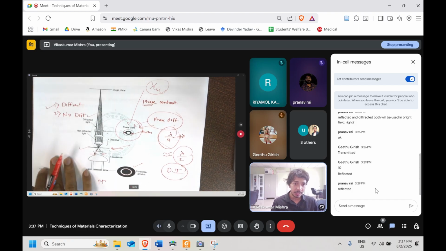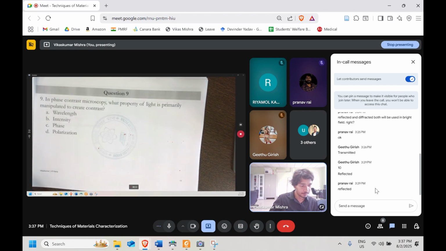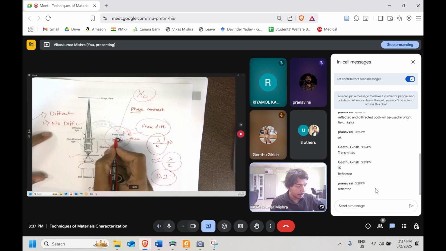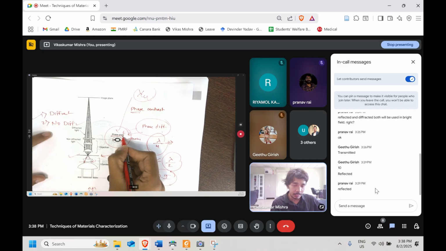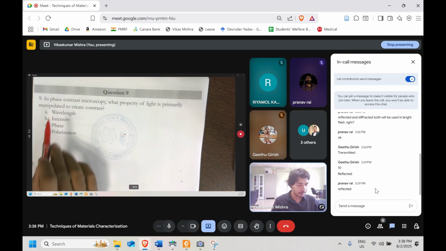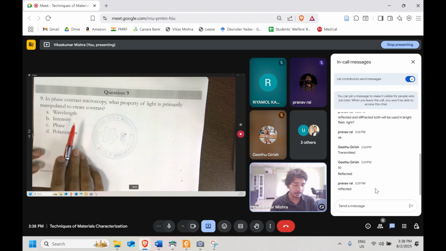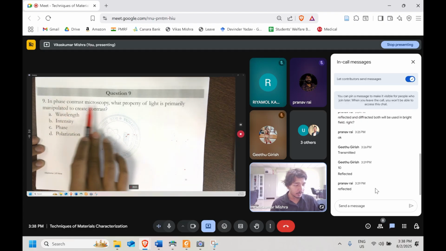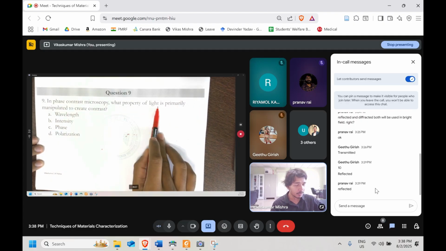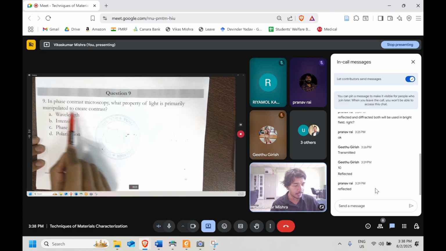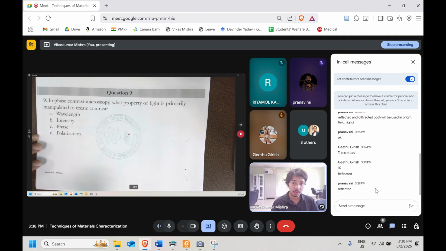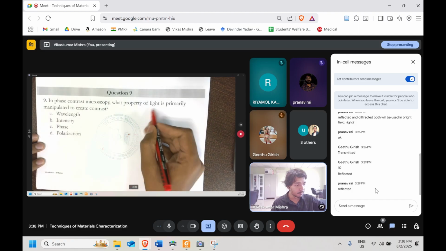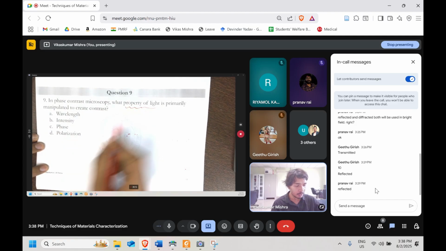Keeping this in mind, let's try to solve a few questions. Always remember this phase plate is something which we have added here. Question number 9. In phase contrast microscopy, what property of the light is primarily manipulated to create the contrast? What do you think? In phase contrast, which property of the light are we using to create the contrast?